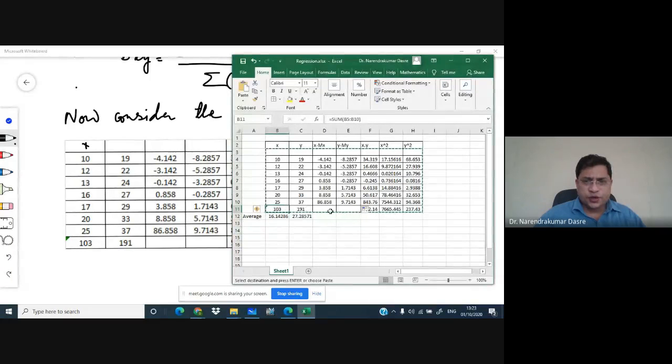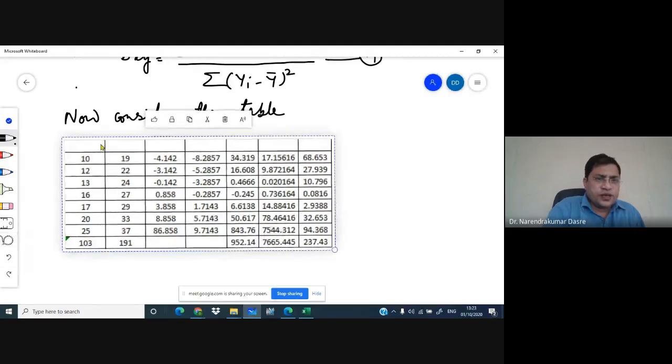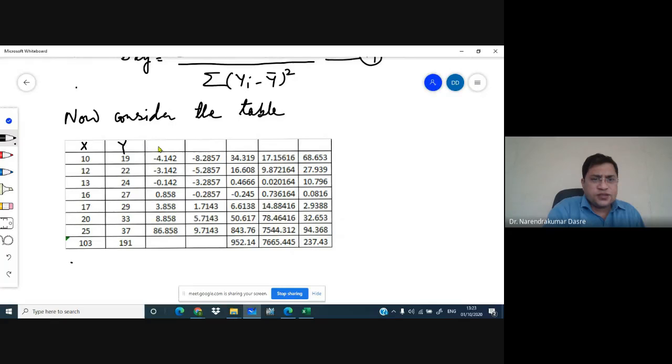For calculations, you need to check once again. If your calculations are correct, then only you will get the correct answer. So this is x, this is y, this is xi minus x bar, and this is yi minus y bar.